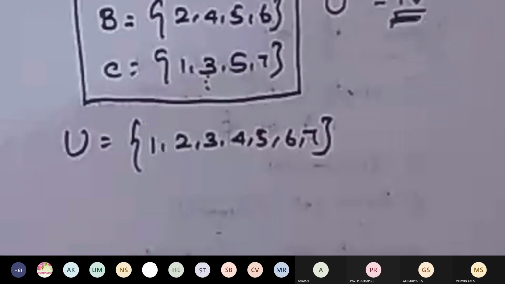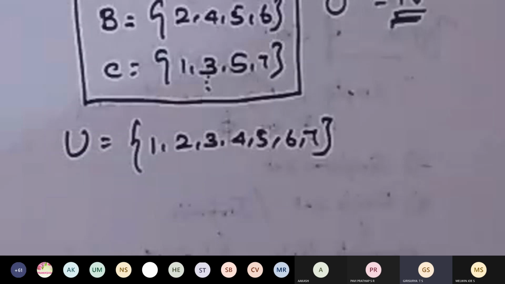Have you understood what is meant by universal set? Yes, sir.